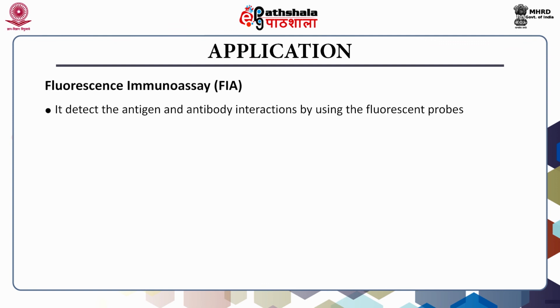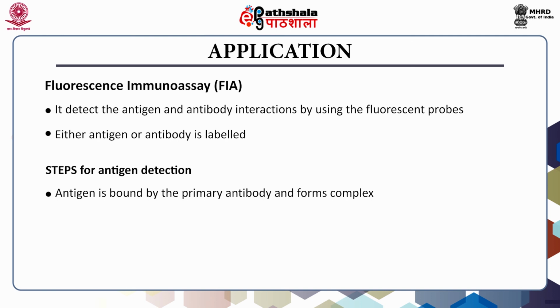Fluorescence immunoassay is a sophisticated technique used to detect antigen and antibody interactions by using fluorescent probes to label either antigen or antibody. Antigen is detected by the binding of primary antibody. Excess of the primary antibody can be removed by washing.